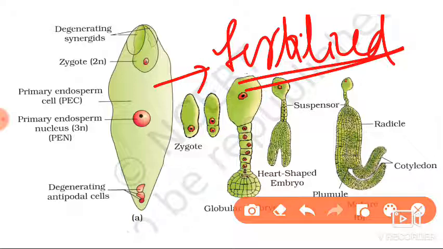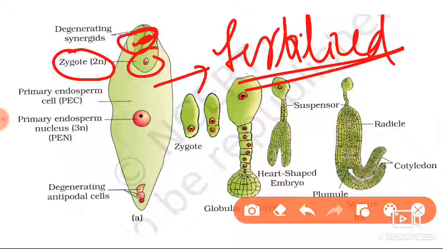Here you can see degenerating synergid cells. These two synergid cells are going to degenerate here. There is a formation of the zygote, which is 2n, because fusion occurred here, so the zygote is 2n diploid.